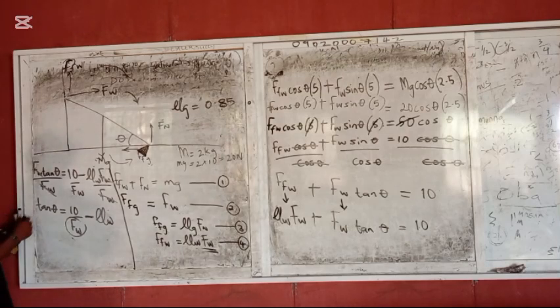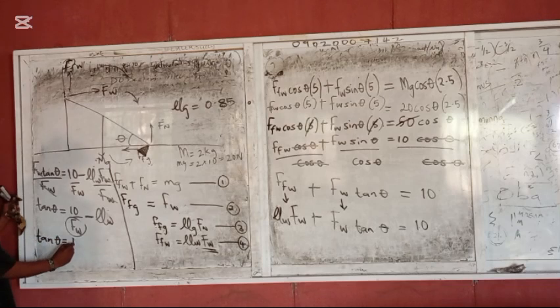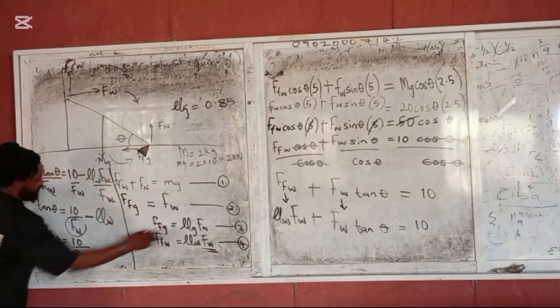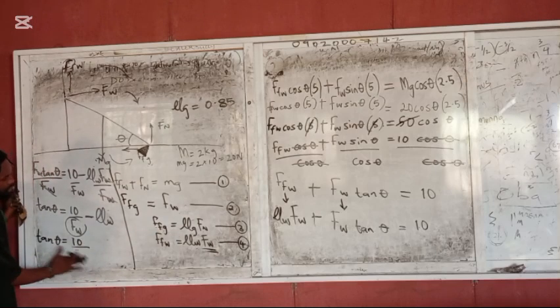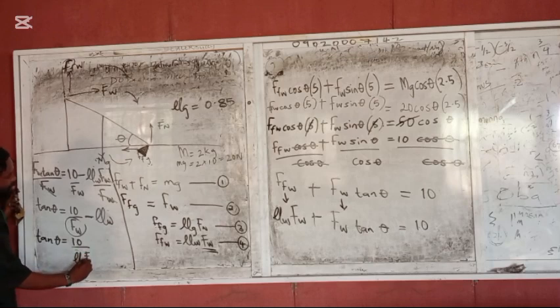Okay, so I'm now asking tan theta is equal to 10 all over... let me replace this with this. Yes, so that I now have FFG, and FFG is going to be represented as this. So I'm going to be having an Fn.